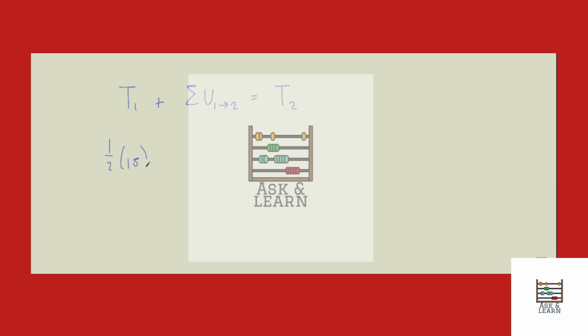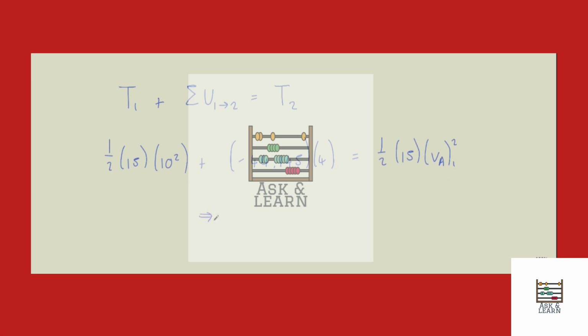That's a half times 15 times its initial velocity of 10 meters per second squared, plus the work done due to friction, which is the frictional force in the opposite direction, minus 44.145 newtons over the distance of 4 meters. And this must equal the final kinetic energy just before the collision, a half m VA, we'll call it subscript 1, squared.